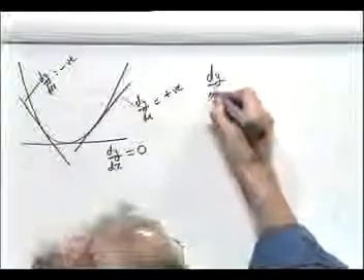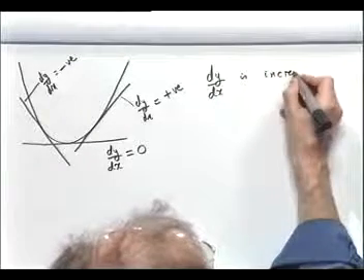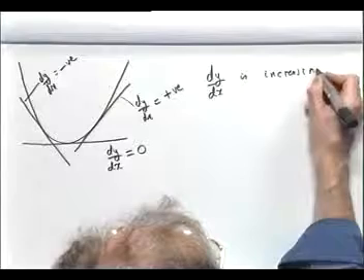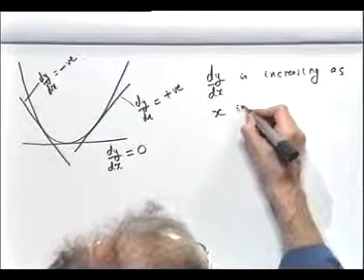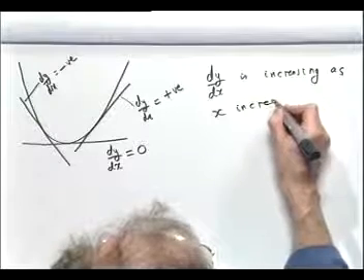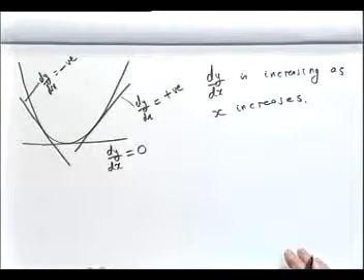So let's write that down. Dy by dx is increasing as x increases. What does that mean? Dy by dx is increasing.